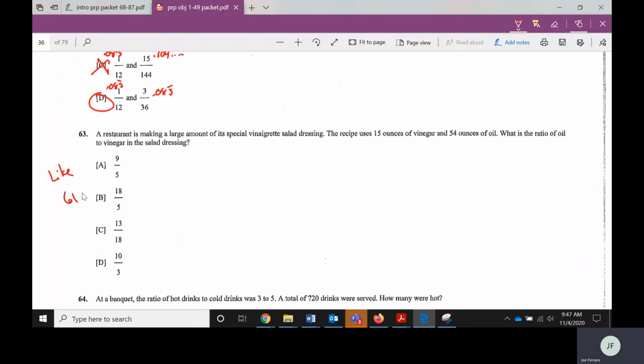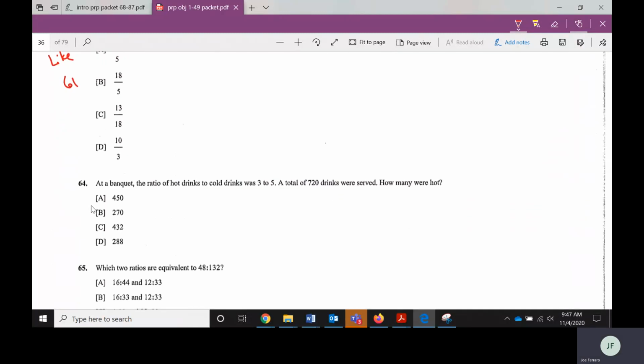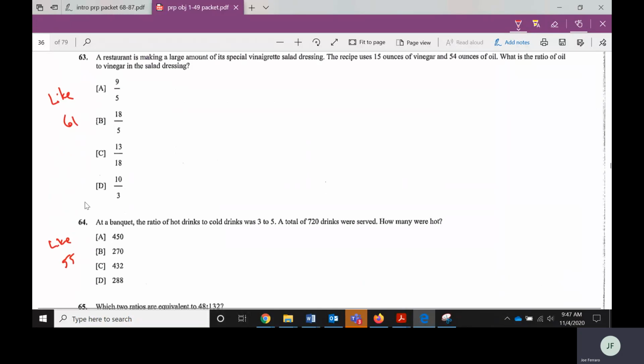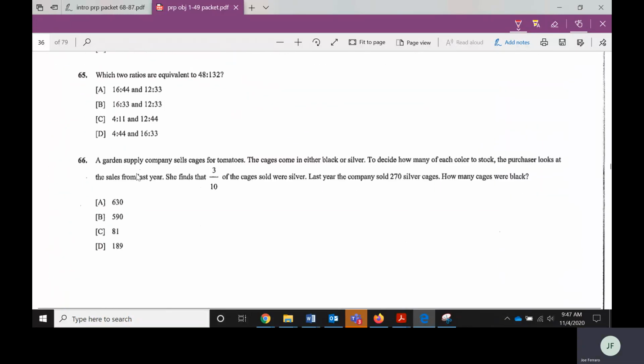That's like 61. 64 is going to be, I think, kind of like 55. A couple we've done. 65 here is just like up here, number 62. Just seeing which ones are equivalent. And the last one we're going to do is 66 because it looks a little different.